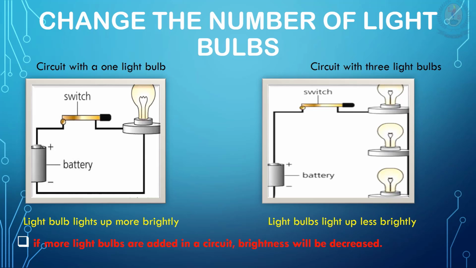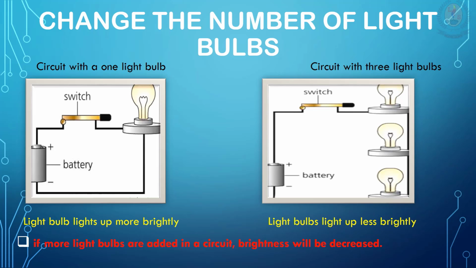But the first circuit has only one light bulb. When we come to the second circuit, it has three light bulbs. So, my dear children, the energy which is supplied by the battery will make the light bulb light up.